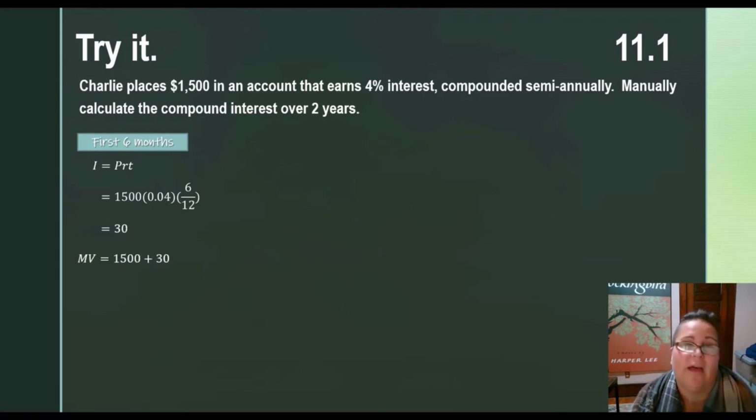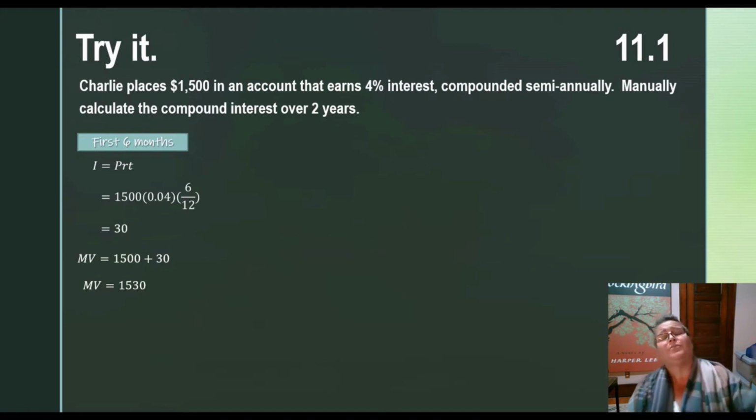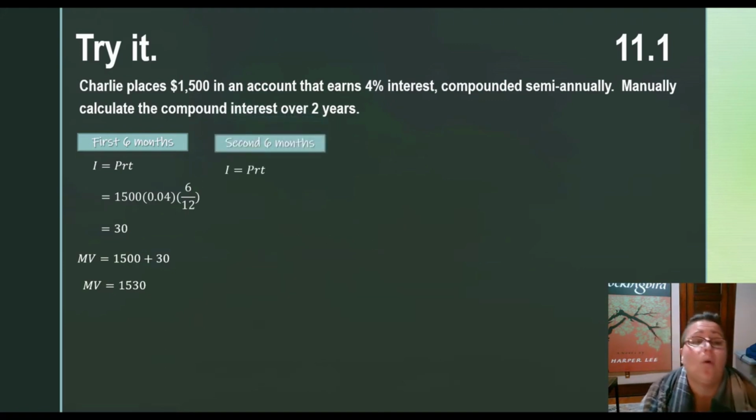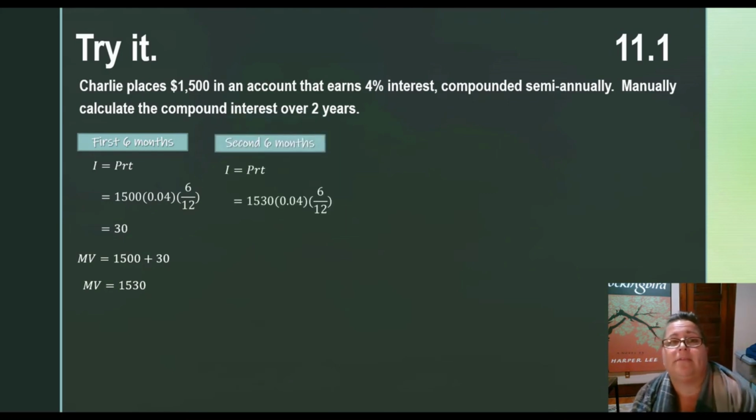So our new value or maturity value of the account is the $1,500 plus 30, or $1,530. Now, that means when the second 6 months starts, we're actually going to be calculating interest on the new principal of $1,530. That's 4% for the next 6 months.